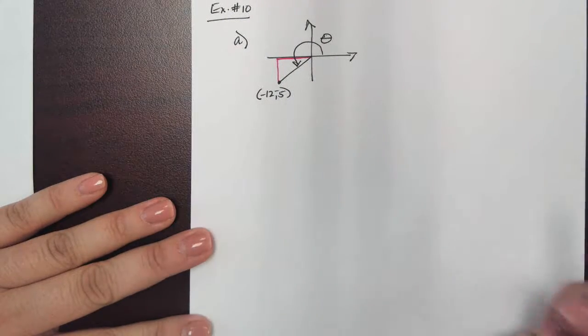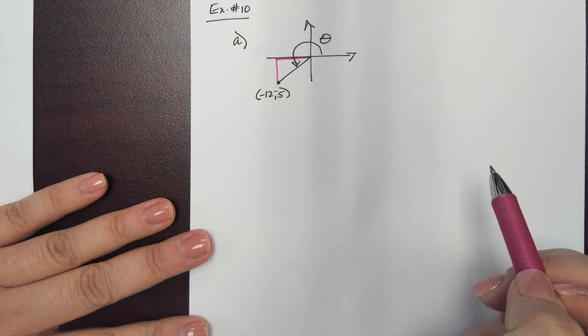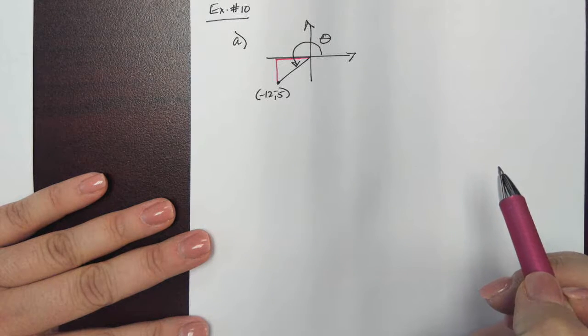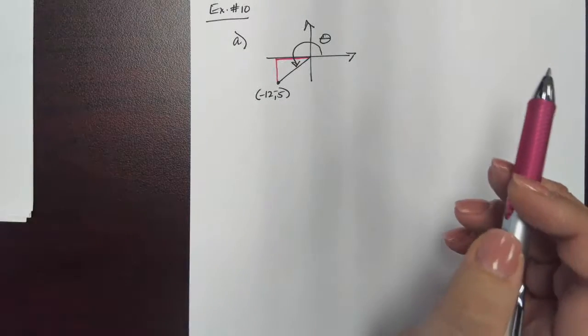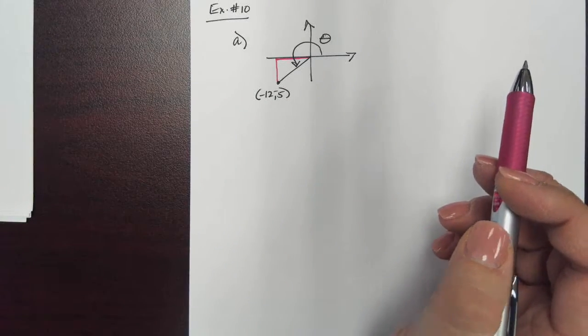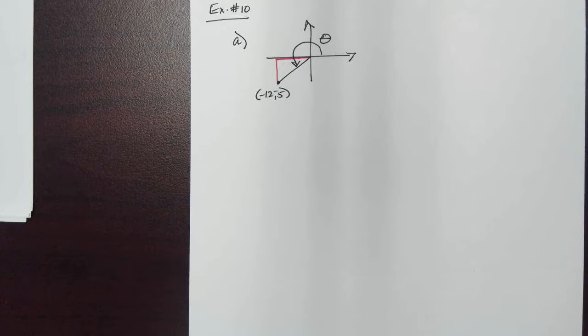So this negative 12, negative 5 tells me the lengths of the legs of my triangle. Well, the lengths are positive, but I have to include the signs because the signs matter since I'm in a specific quadrant. Length is always positive, but here I need to include the sign so my trig functions come out correctly.